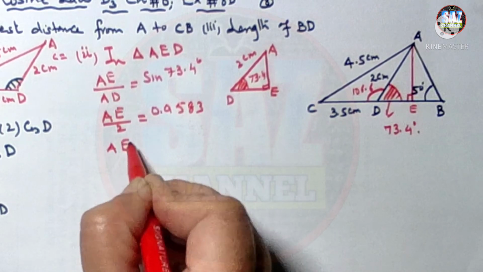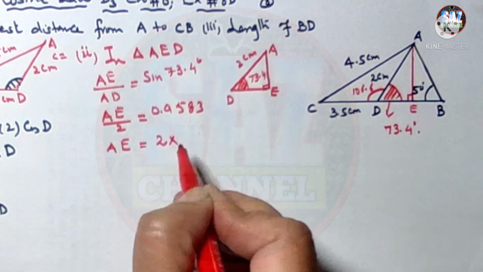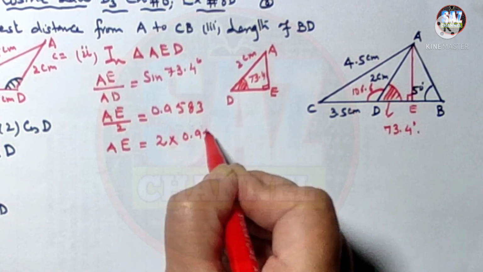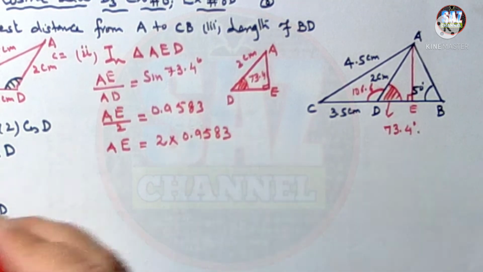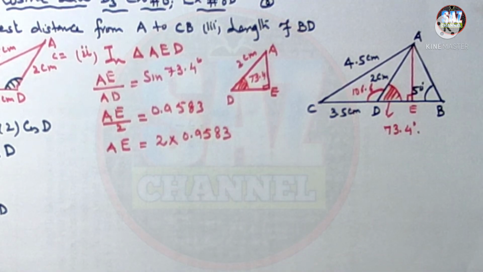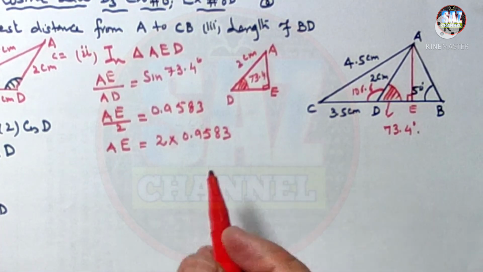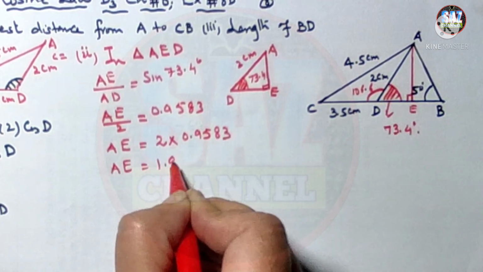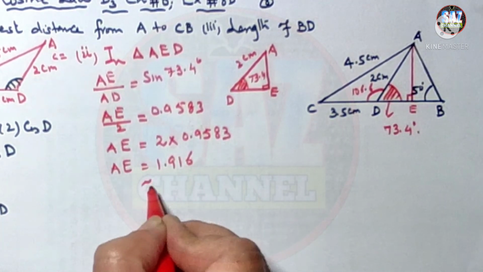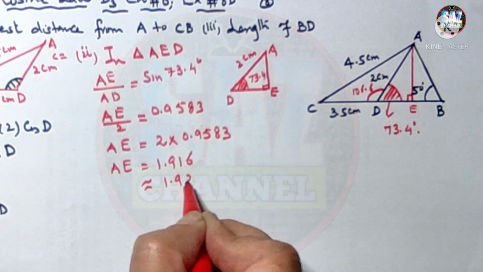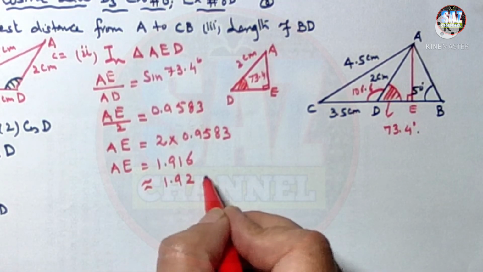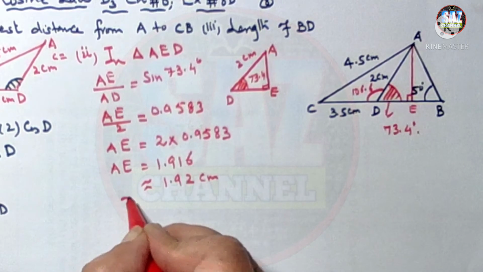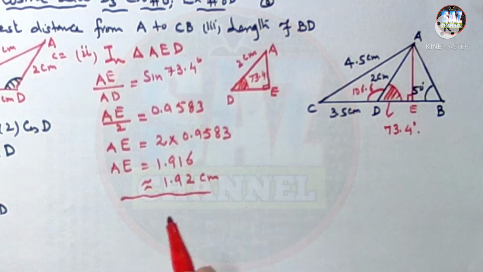AE, which is the shortest distance, is 2 times 0.9583, which gives 1.916. AE is 1.916, or approximately 1.92 centimeters. Yes, this is the shortest distance, and it's also one of the important concepts.